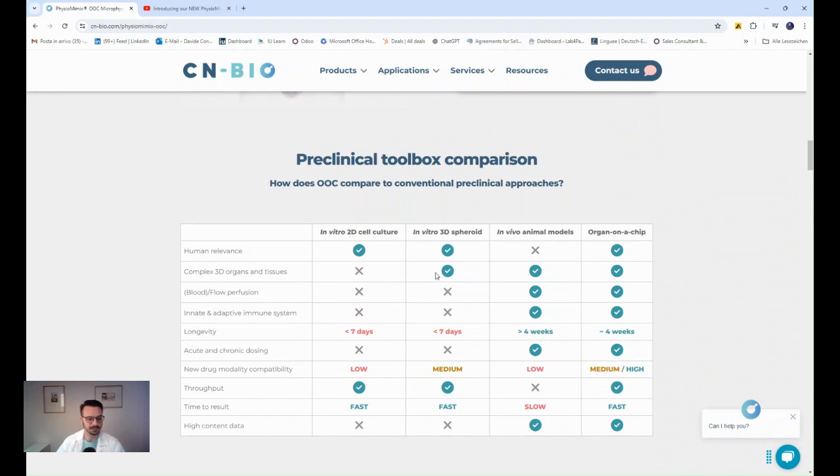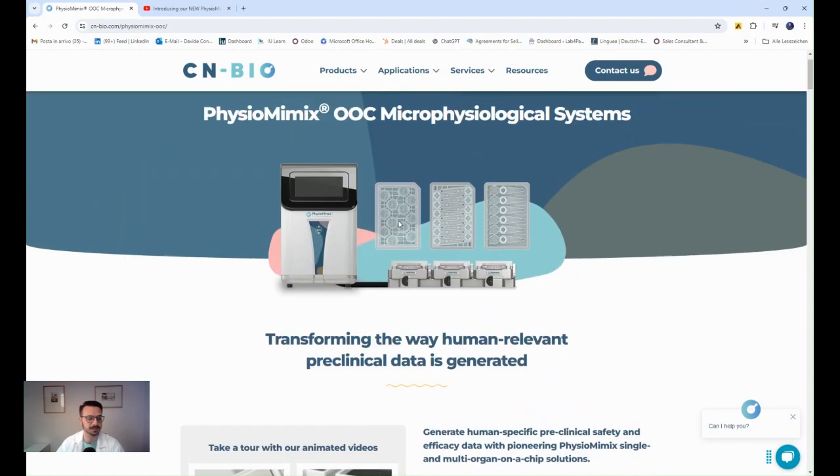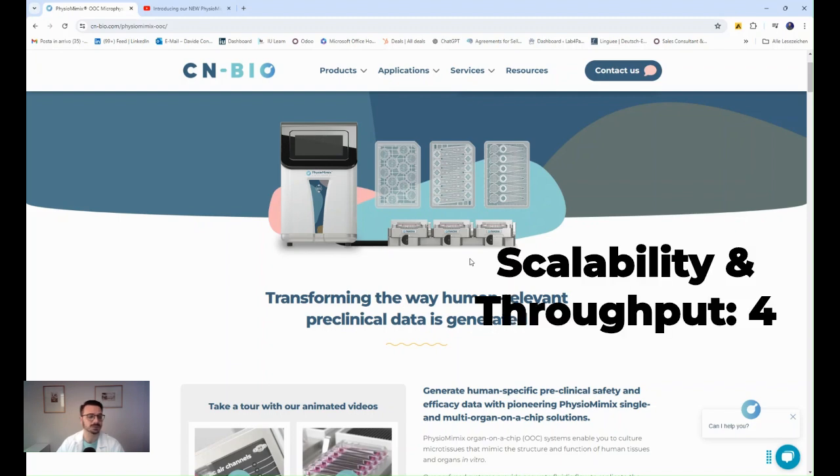Obviously, you can scale it up to, I think it's 6 plates in parallel. I mean, all kind of system that can scale with a lot more wells, but these are 6 plates connected to the same system. So this is actually quite good. So this is also a 4.